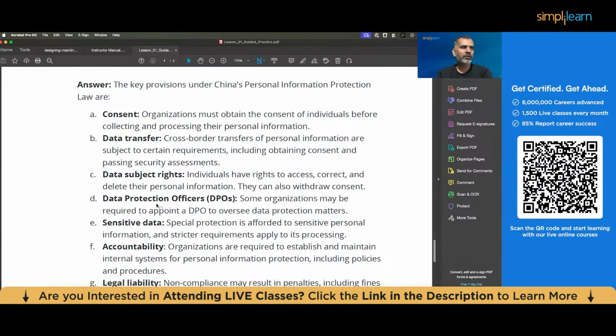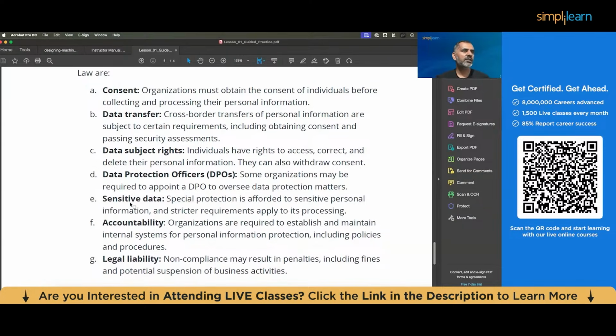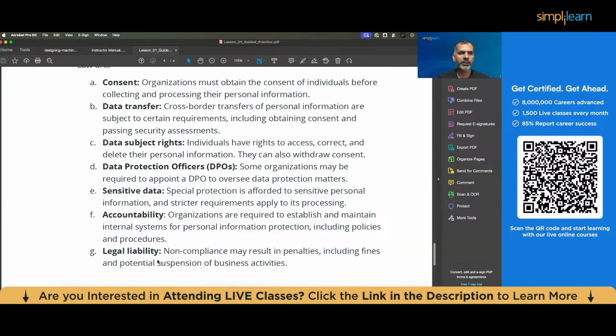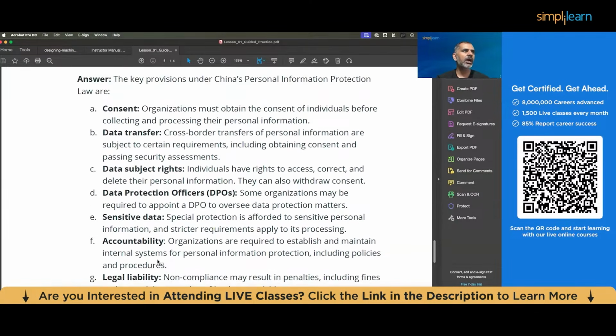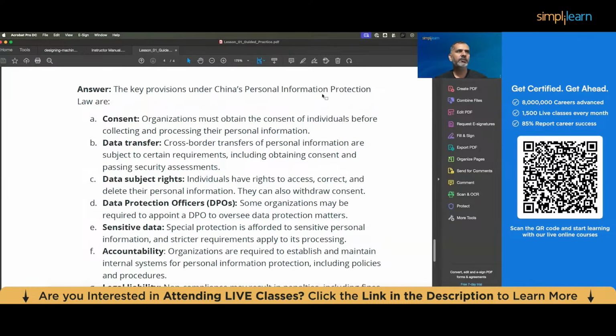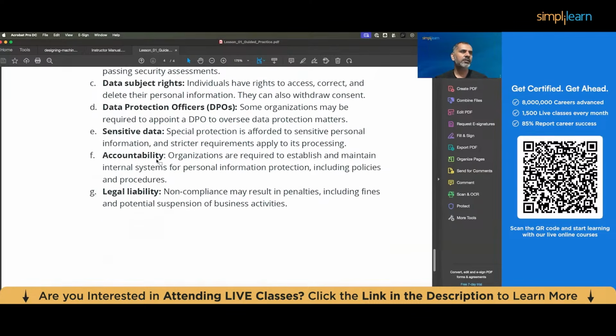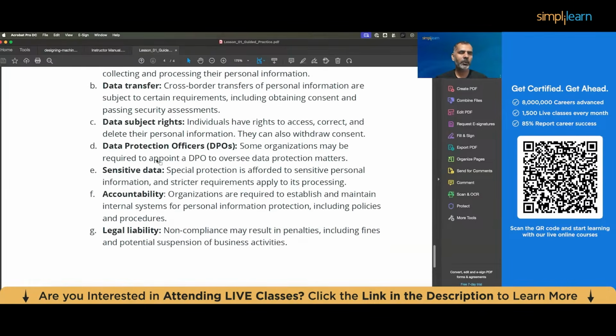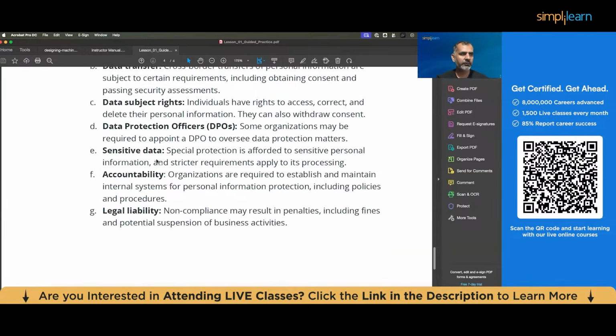There should be a data protection officer in your organization who should be the point of contact if any issue or breach happens. What is sensitive data? You need to be accountable, and there are some legal liabilities also included. So these are some points that are included in China's personal information protection law. This is something you can find while exploring and doing some self-study also, guys.